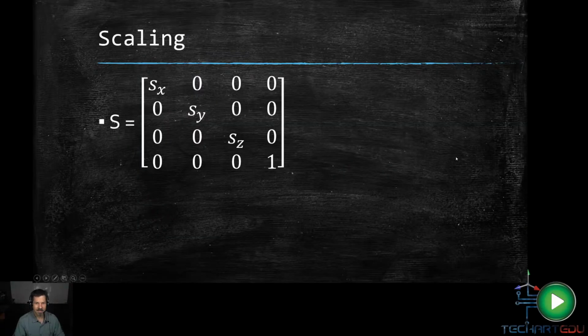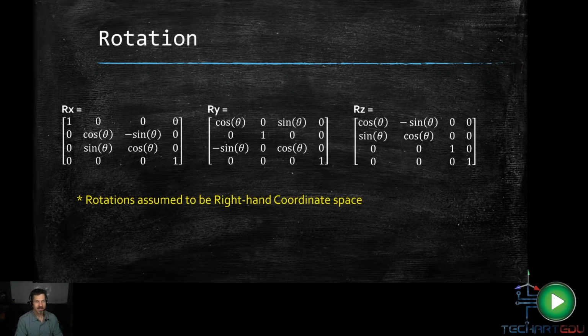But I'm afraid that's where things stop being easy and start getting kind of ugly. Because when we get into rotations, it's 3 different rotations. That means you have to create one for the X direction, the Y direction, and the Z direction. And they are different, of course.